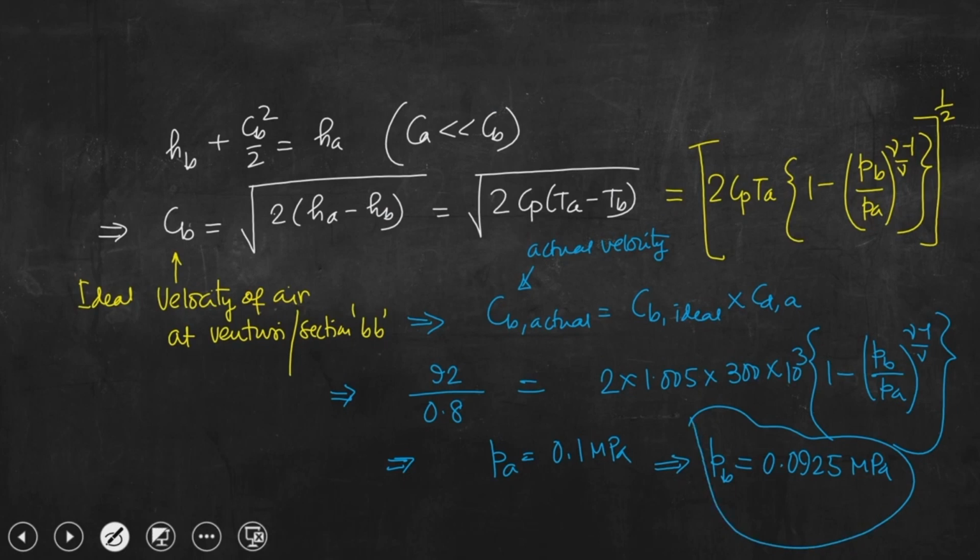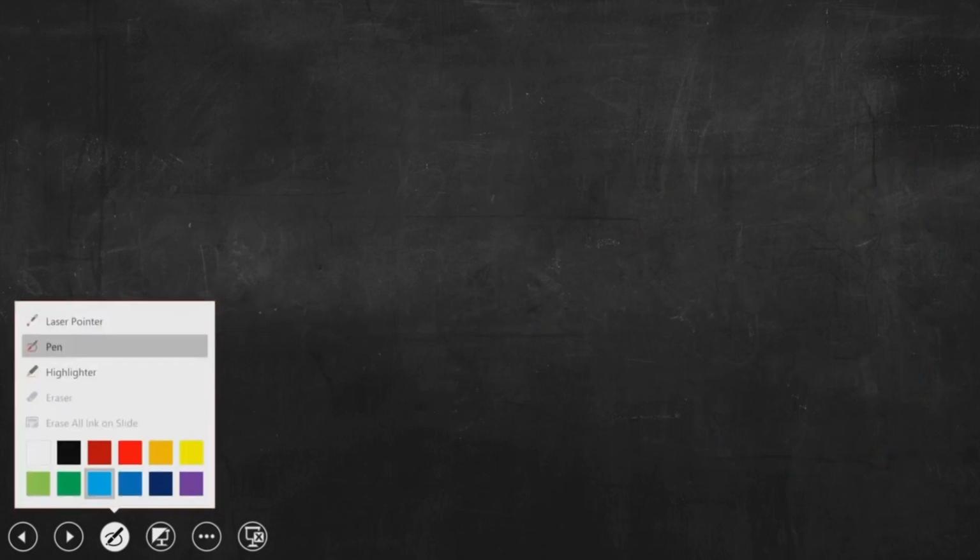Now, knowing this particular Pb, we apply the continuity equation at the venturi throat.